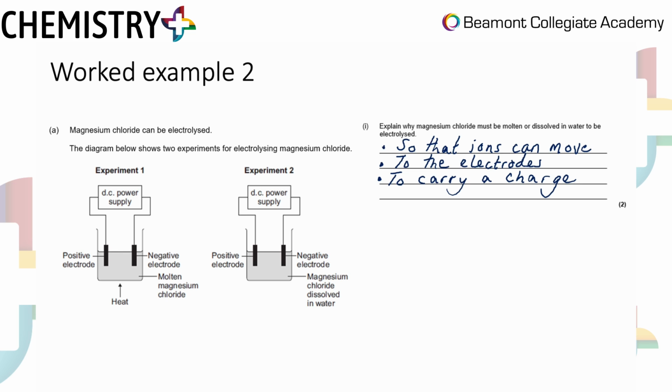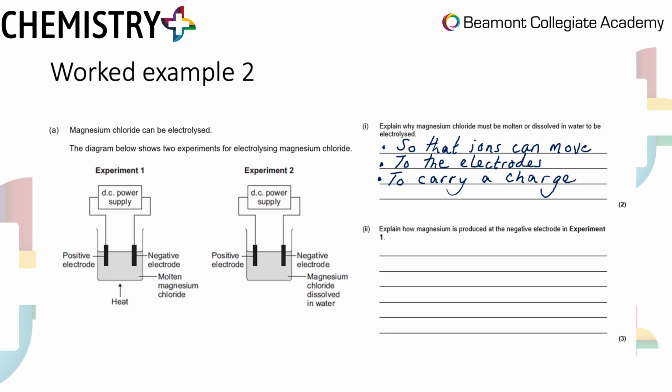Guaranteed 2 marks. Part 2, explain how magnesium is produced at the negative electrode in experiment 1. Experiment 1, we're dealing with a molten substance. Magnesium would form a 2+ ion.